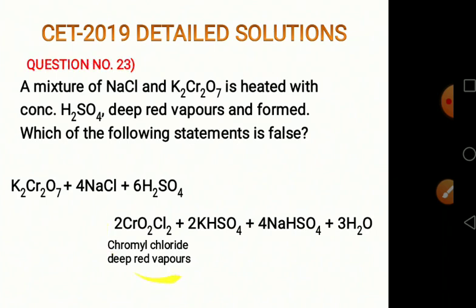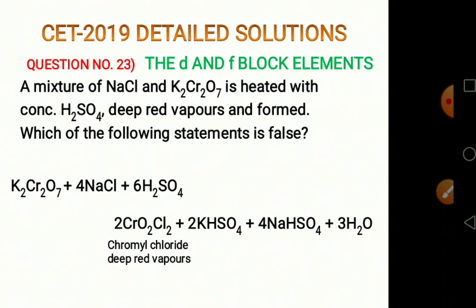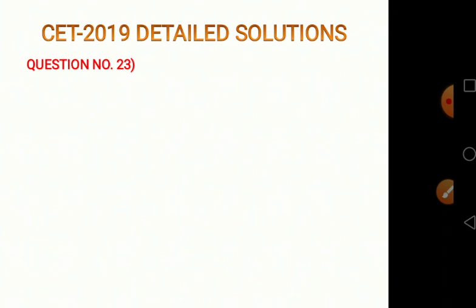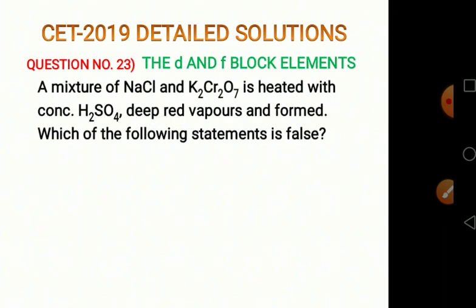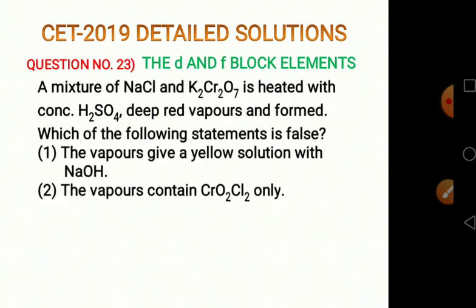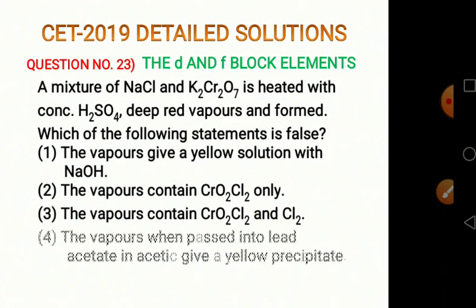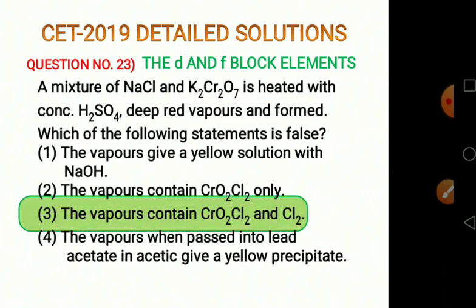You are going to get chromyl chloride in this case, but Cl2 vapors are not there, only CrO2Cl2 is there. Hence the correct answer for this question is the third option. Vapors contain CrO2Cl2 and Cl2 is the wrong statement. Only CrO2Cl2 will be present. That is question number 23.